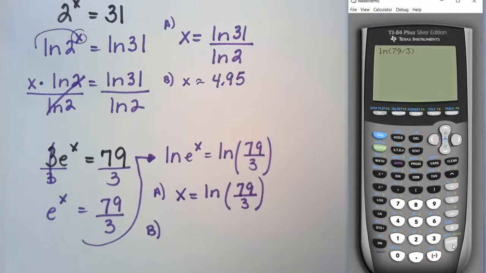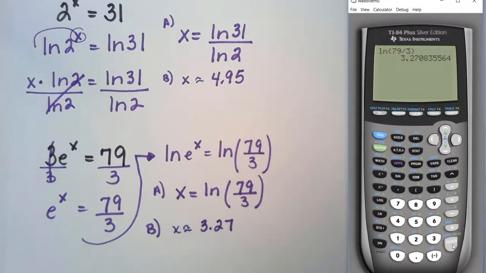This looks just like how I have it set up here. And press equals, and let's round to 2 decimal places, and we have 3.27. So that is your solution.